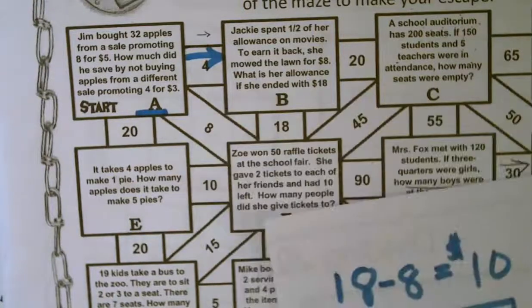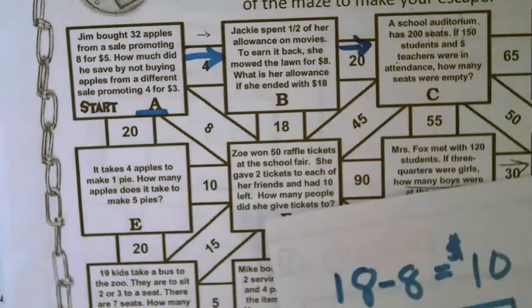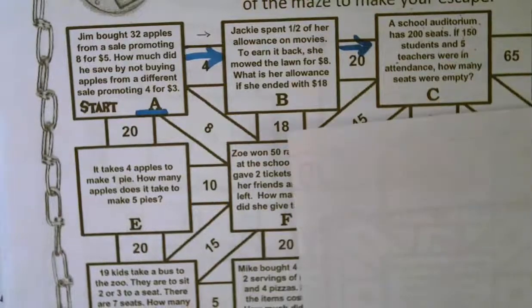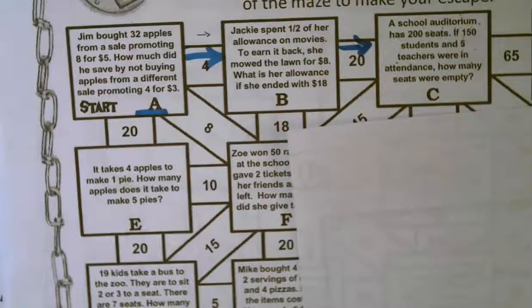Okay, so that moves us along, and we see we have some options there. So once I see I got $20, I'm going to move over to the right in this puzzle. I'm going to look at problem C. School auditorium has 200 seats. If 150 students and 5 teachers were in attendance, how many of the seats were empty?